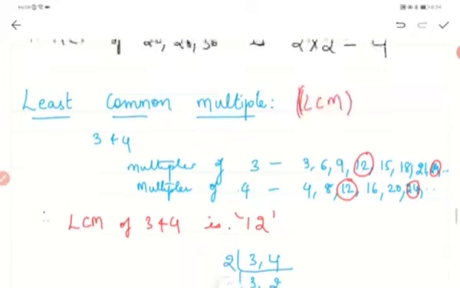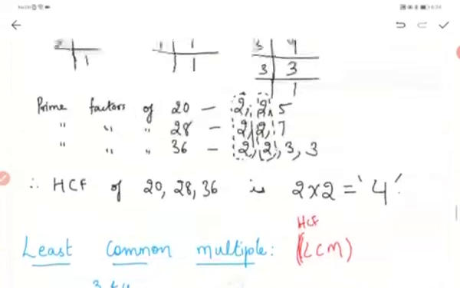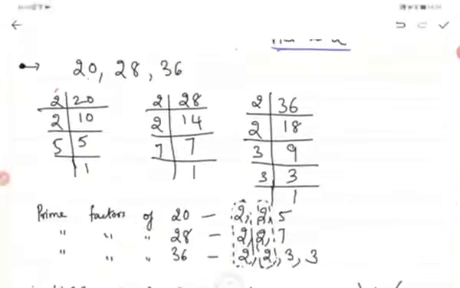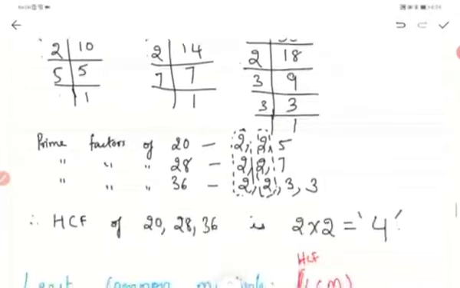Okay, so how did we find HCF? We first found the prime factors, just by taking the division method like this, individually for all the numbers. We found the prime factors, and then out of these prime factors, you take those which are common, and that will be your highest common factor.